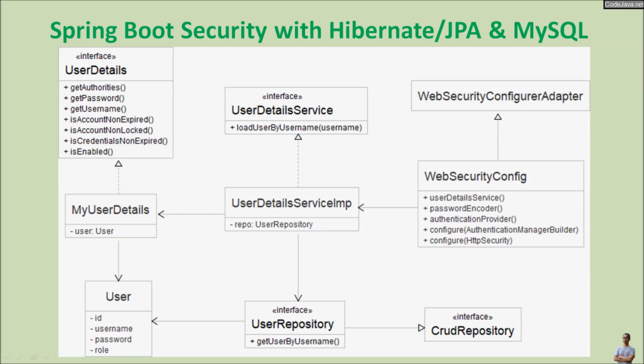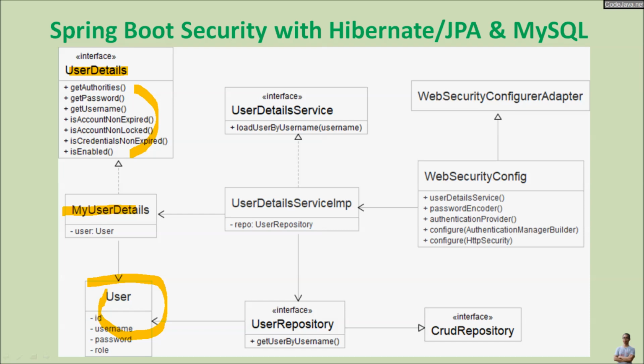And in the Spring Security layer, we need to code three classes: MyUserDetails that wraps the User model class, and it must implement the UserDetails interface defined by Spring Security with several methods, as you can see here.